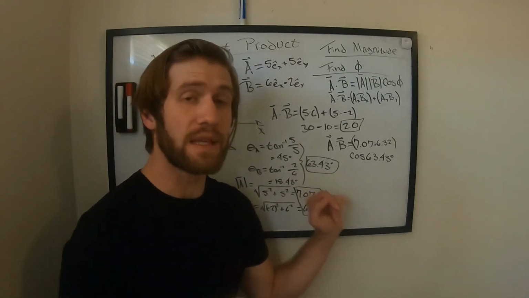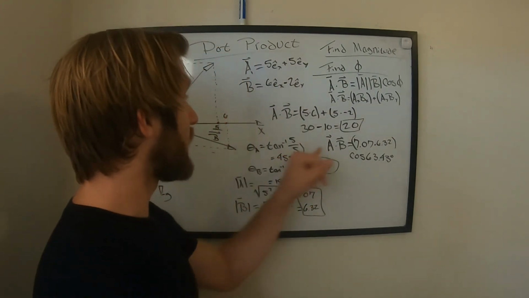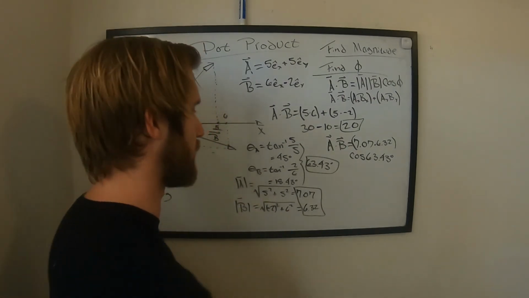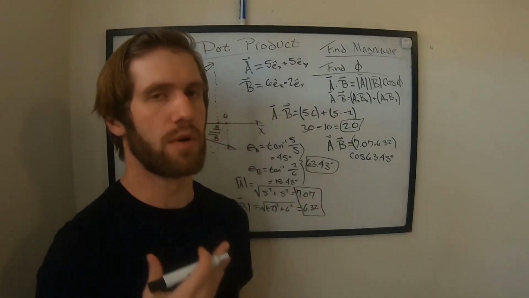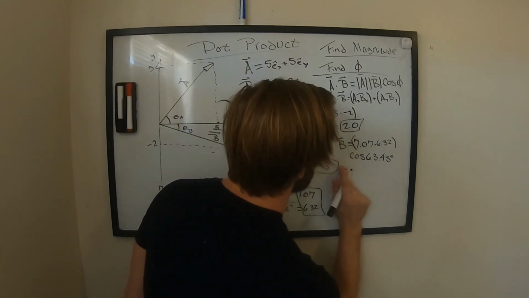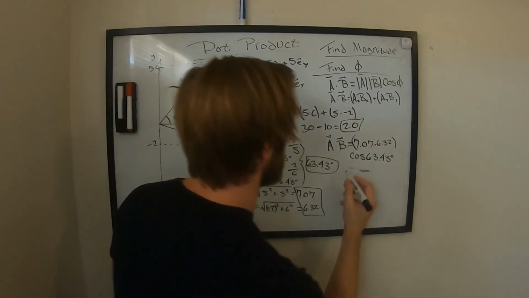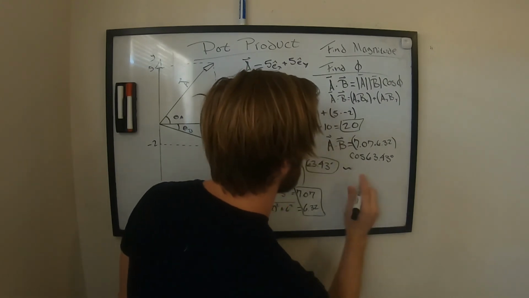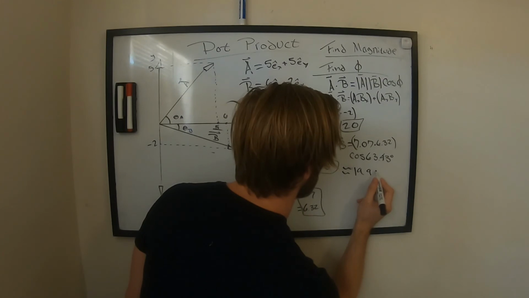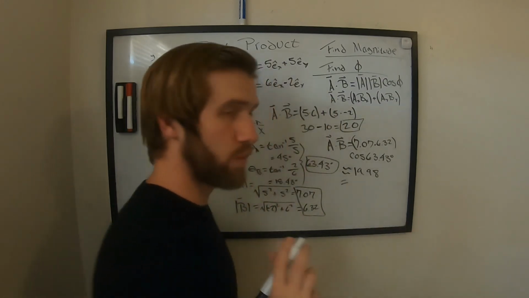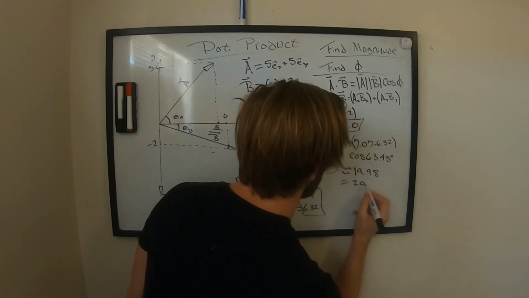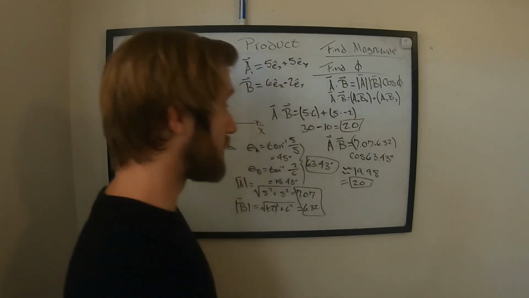And when you plug these values in, you will get a value of 20, or approximately 20, because I rounded for these values. You're going to get somewhere along the lines of 19.98. So our value is going to be approximately 19.98, which may as well just be what we originally calculated. So 20. And there we have it.